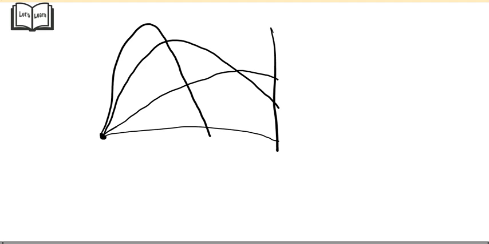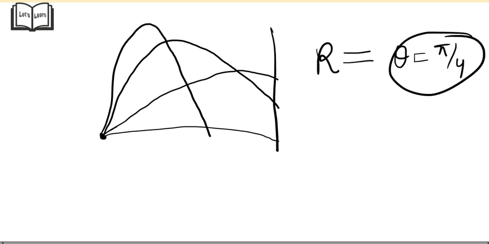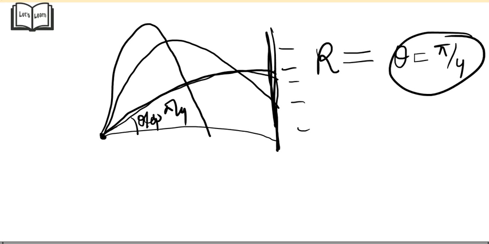So note that we have already shown that the range is maximum at theta equal to pi by 4. So when theta is pi by 4, the range is maximum, so there is a high chance that it will hit at a higher floor in the building. So these kind of things can be done.